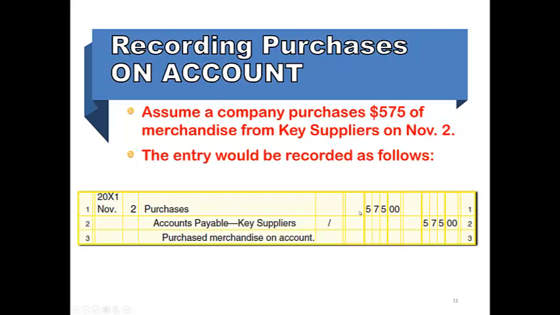So we're going to debit purchases for $575 and credit accounts payable for $575 because it is on account. And notice we are going to put the name of the vendor or supplier next to the accounts payable account because just as we did in the previous chapter, when we kept up with the accounts receivable, we have to keep up with our vendors in the accounts payable.